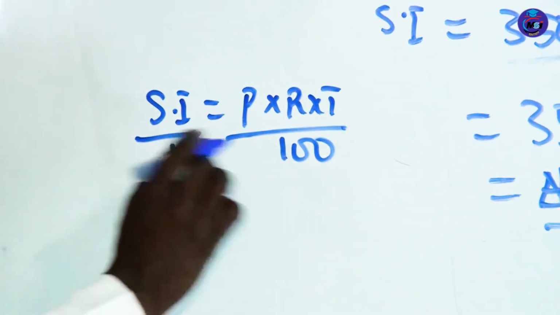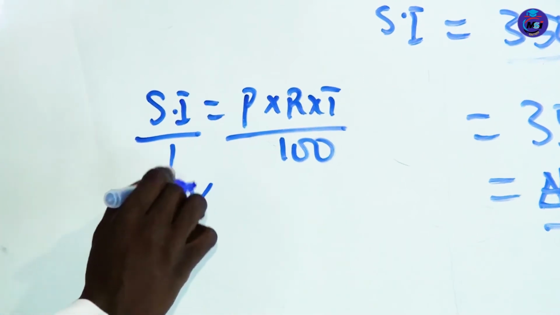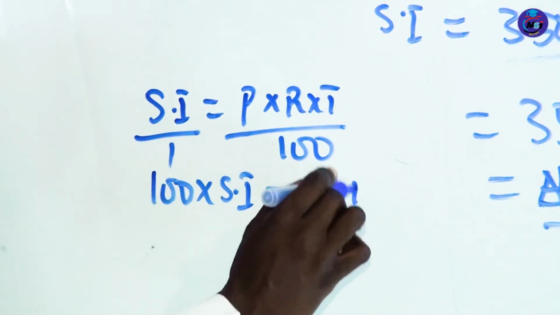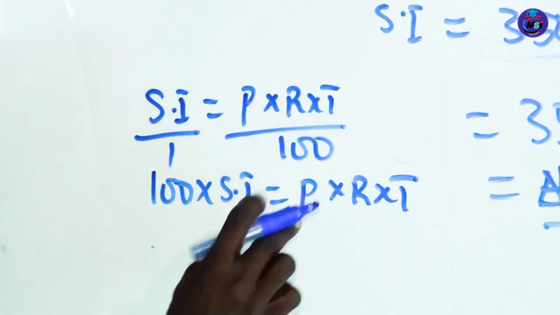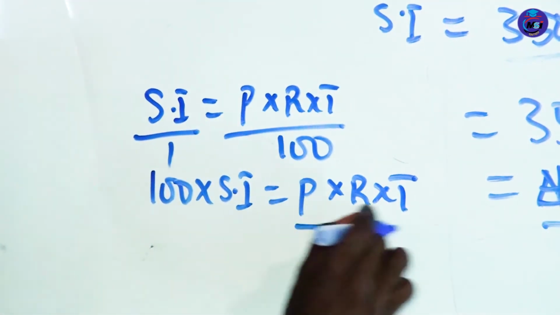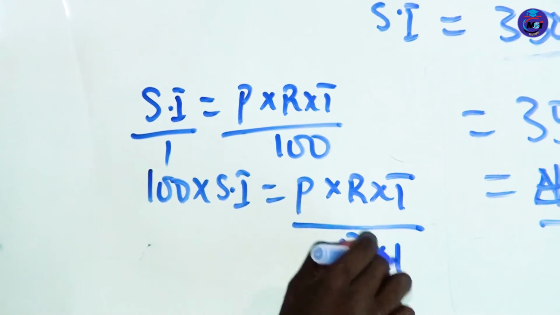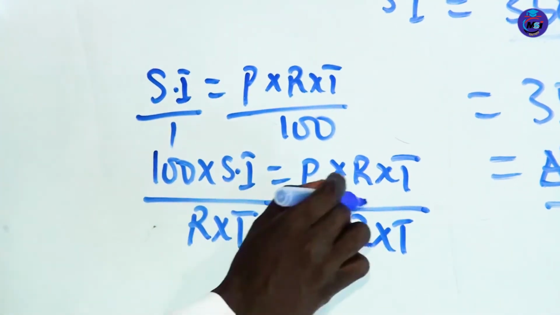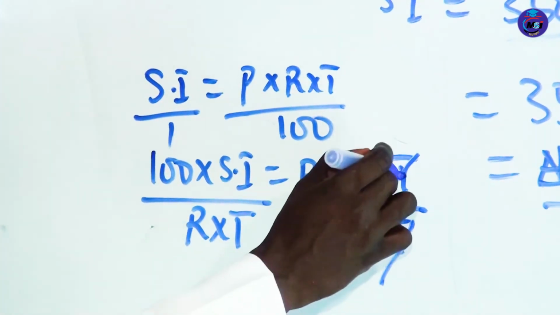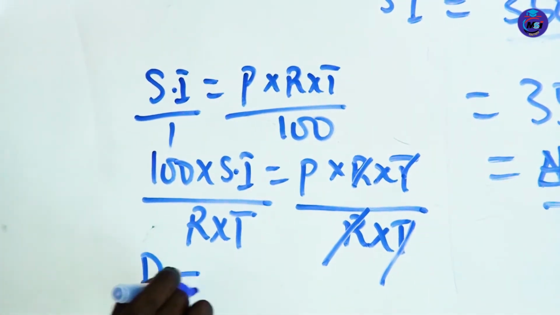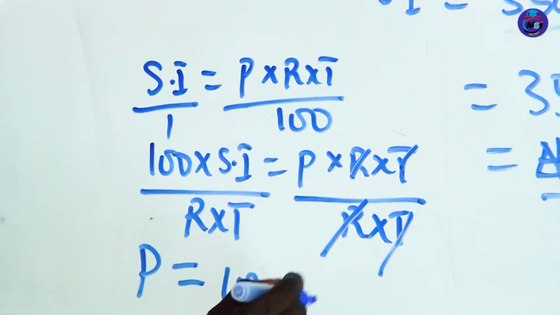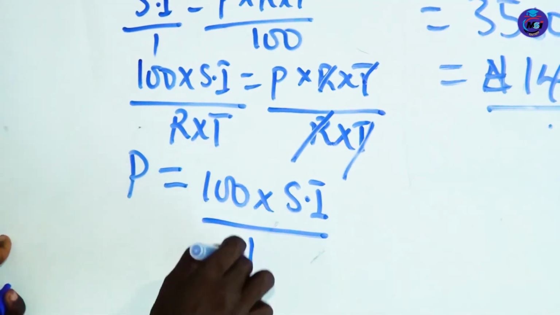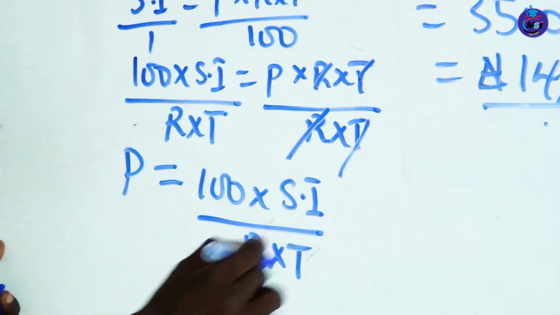When you cross multiply, you have 100 times simple interest equals P times R times T. You are looking for P. You divide both sides by R times T. R cancels R, T cancels T. So P will give us 100 times SI, which is simple interest, divided by R times T.